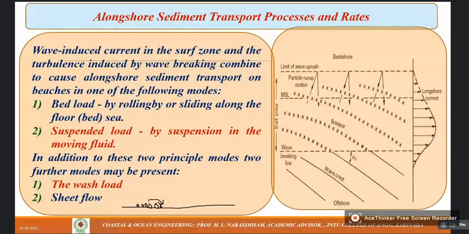And some of them will be lifted and they join the suspended load due to the excessive movement. So the suspended load is basically the bed material which is lifted and kept in suspension.